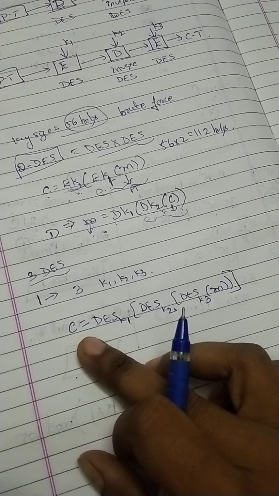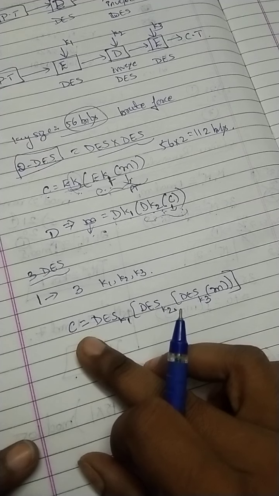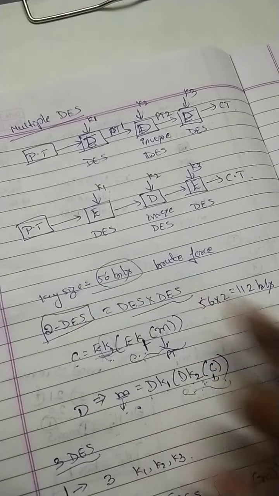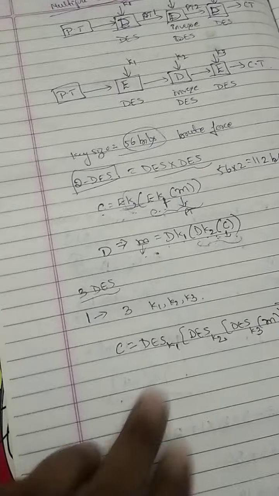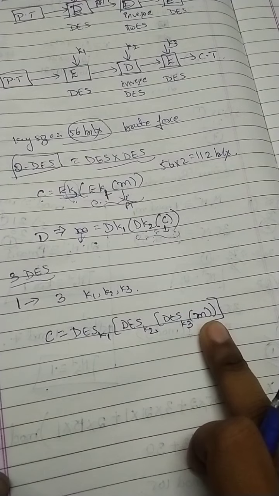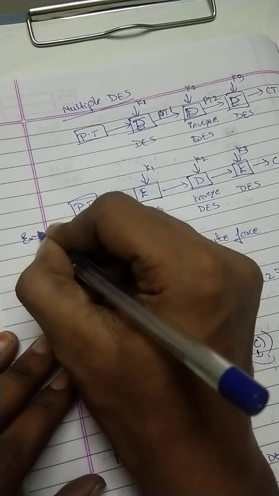The second implementation is the two-key implementation. Here we use only two keys. The first one I explained uses three keys. The difference here is in the encryption process.